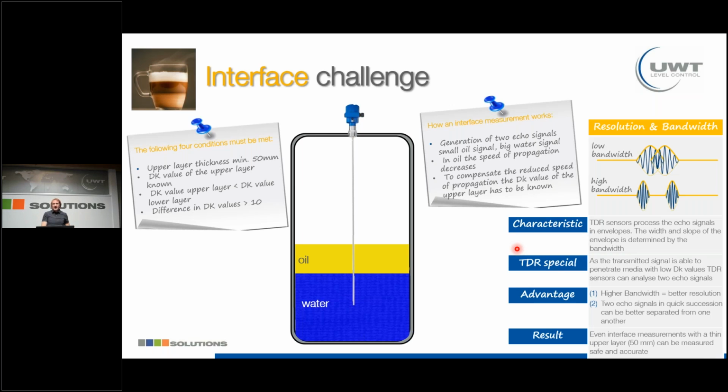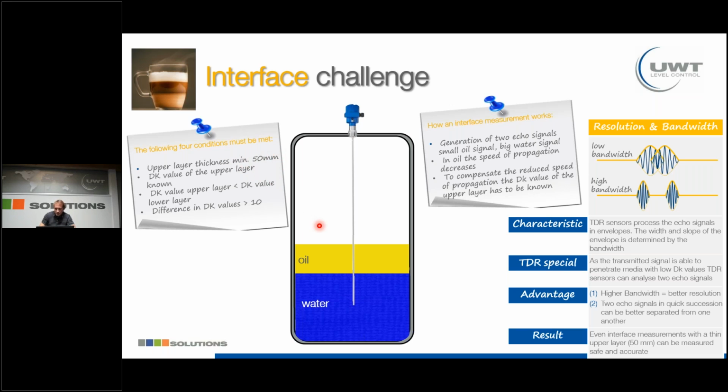Another important factor is the bandwidth. The bandwidth is important to separate 2 echo signals from each other. As I said, we get 2 echo signals, one from the oil and one from the water surface, and the greater the bandwidth, the better those 2 echo signals can be separated, the more reliable the measurement will be, and the thinner the upper layer can be.